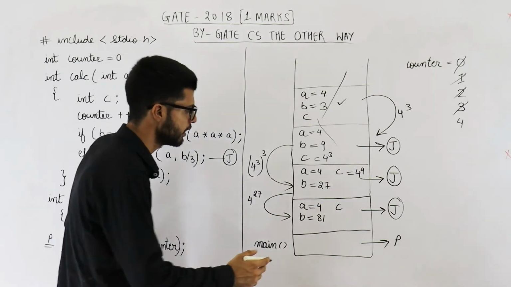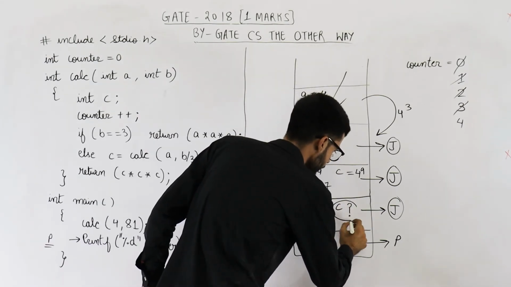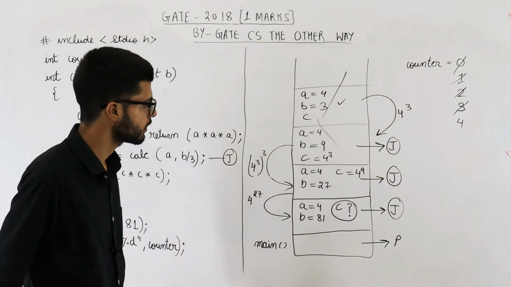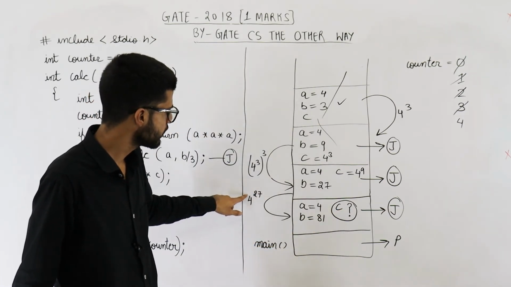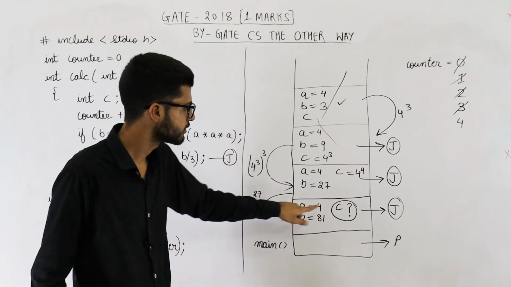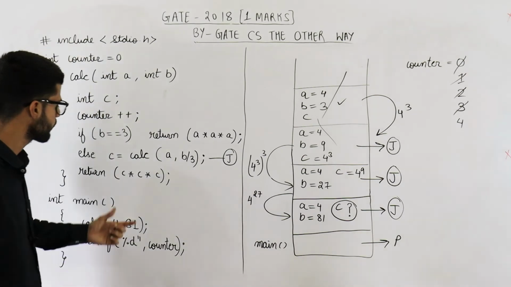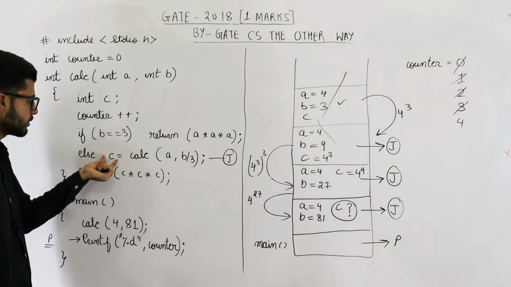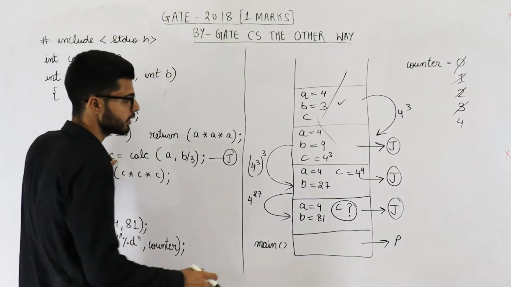So we don't care. I am writing a question mark here because we don't know what the value is. It may be 0 also. This value cannot be represented in an integer. C is an integer, so C will not be able to save this value. Anyways, now something is returned to this variable C. Something is saved in this variable C. We don't care what that is.